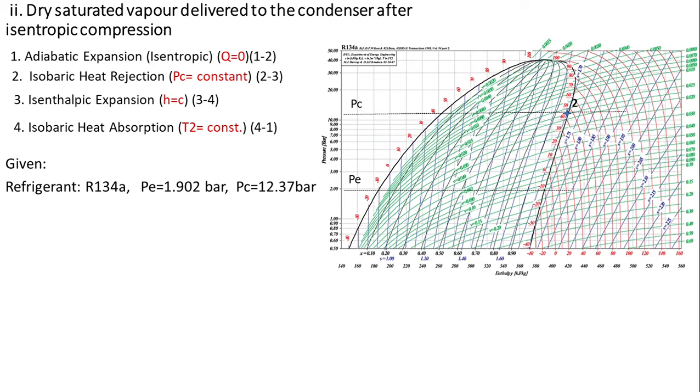You can see that the constant entropy line is here, that is the blue line, the 1.7 entropy line. That blue line indicates constant entropy, and where it meets the evaporator pressure line, that should be point 1.